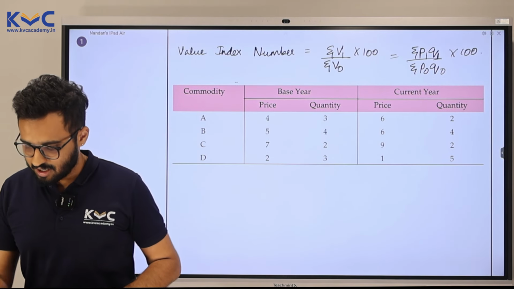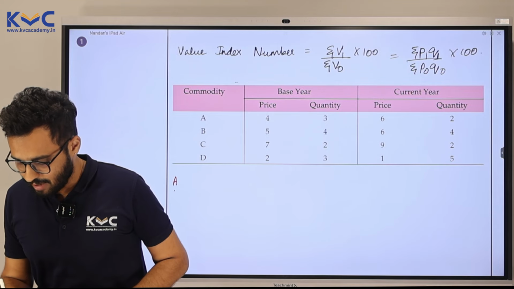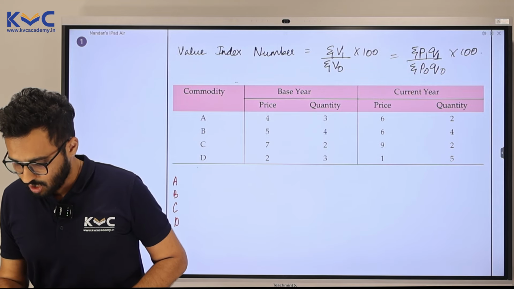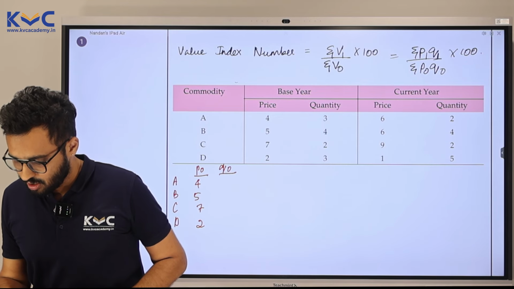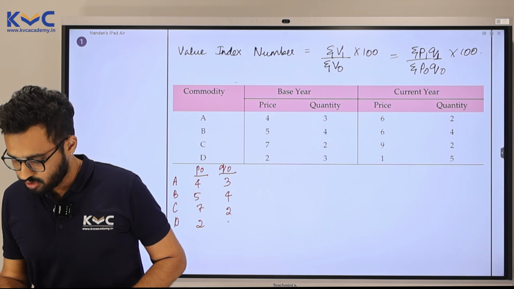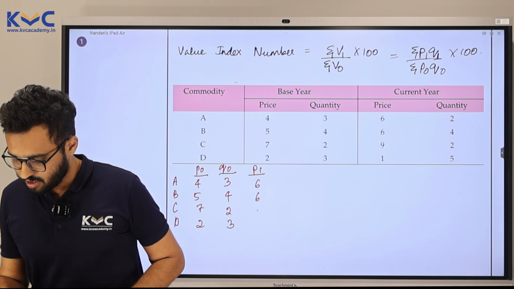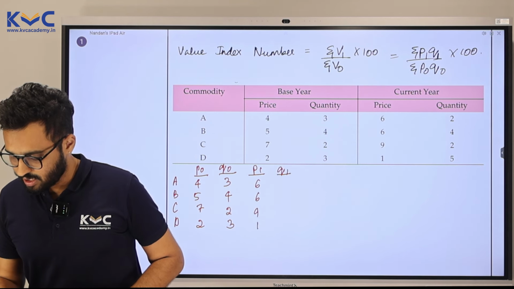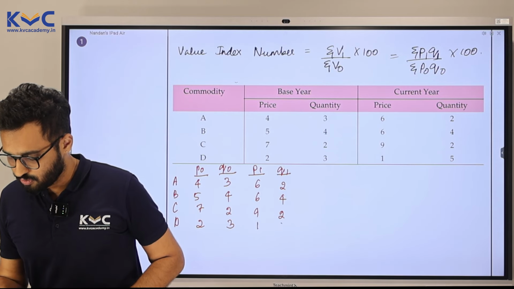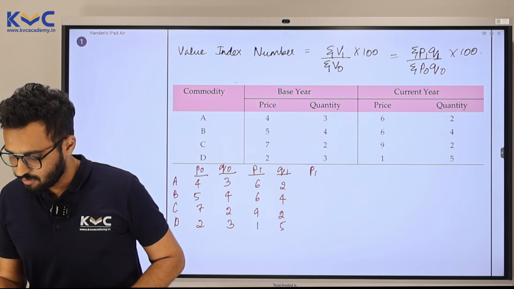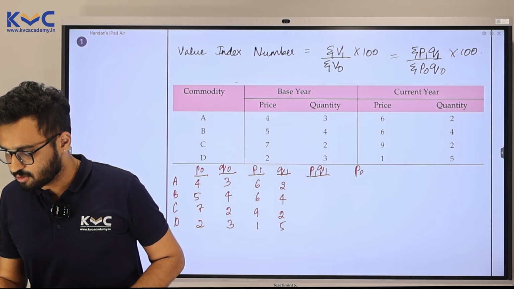Quickly, let us calculate this. So commodity A, B, C, D. P0 is 4572. Q0 is 3423. P1 is 6691. Q1 is 2425. So now I'll need P1 Q1 and P0 Q0.